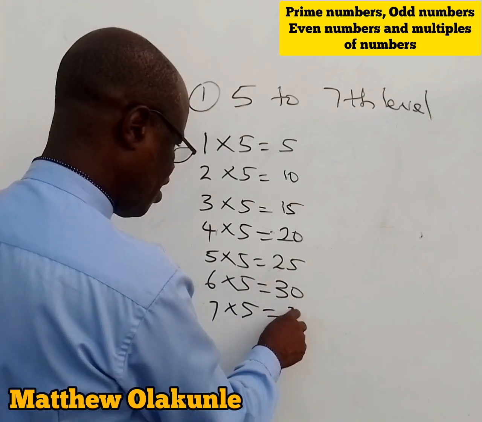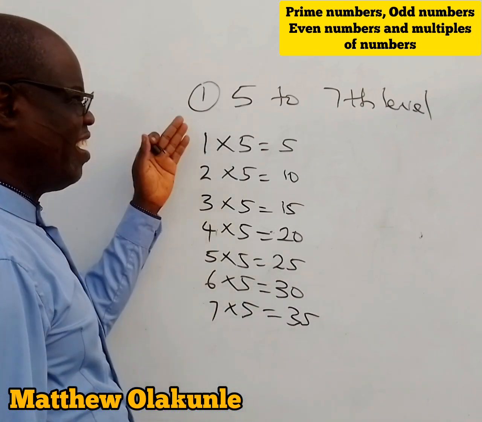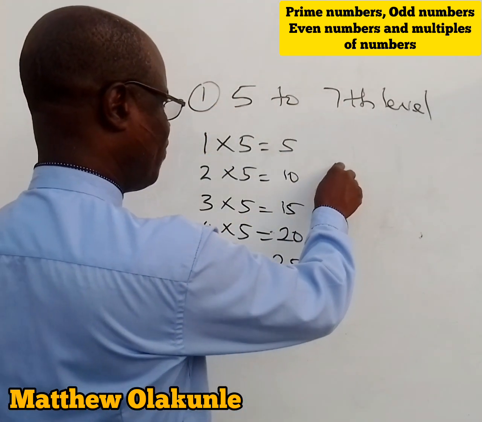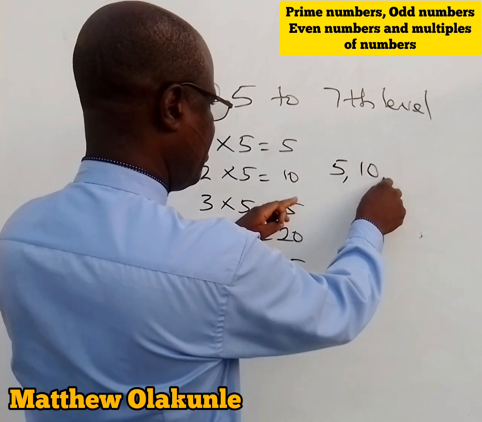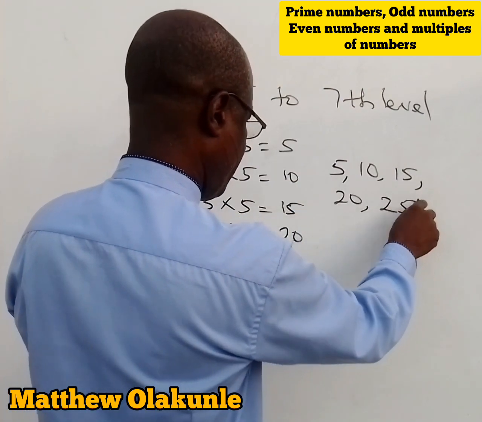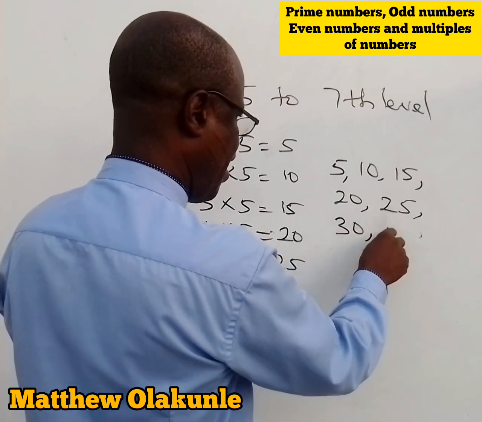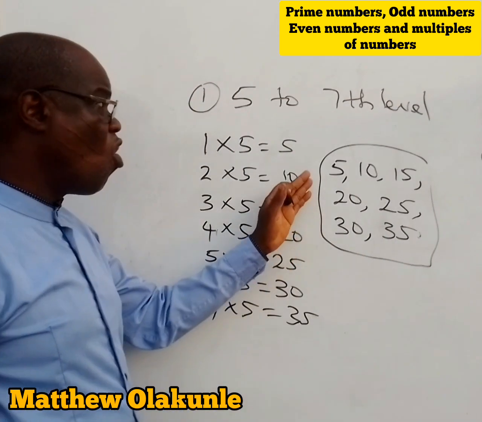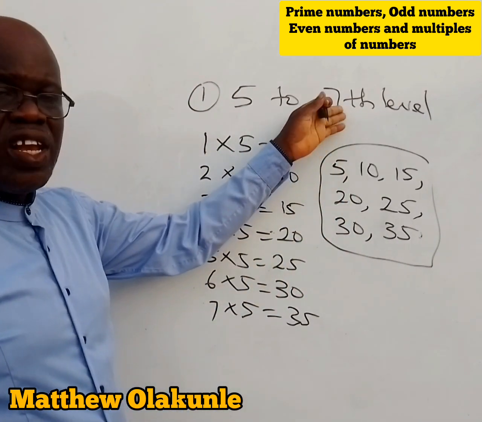This gives you 35. So multiples of 5 to the 7th level are 5, 10, 15, 20, 25, 30, and 35. All these are multiples of 5 to the 7th level.